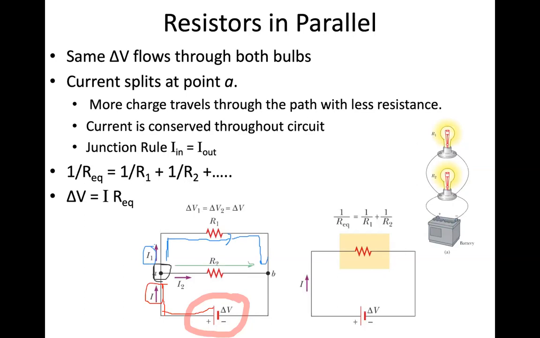And I call that I2. They're eventually going to meet back at my other junction here and flow the same amount of current back. I don't lose any water along the way. Whatever leaves must come back. It just splits along the way.